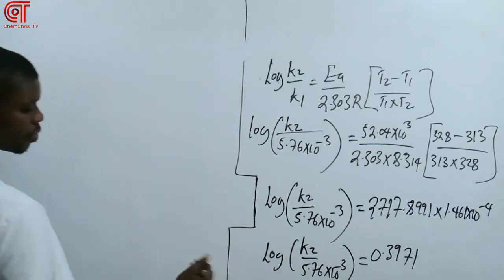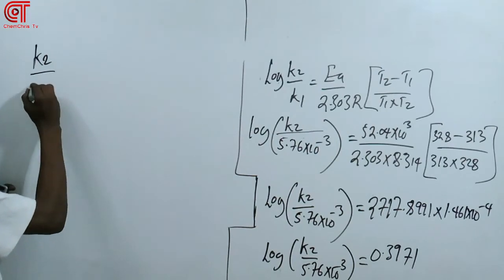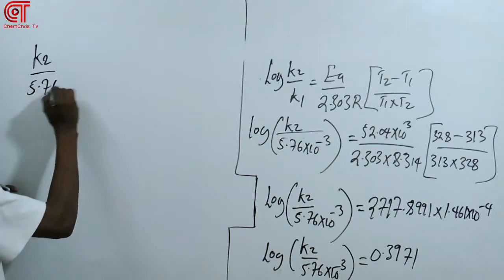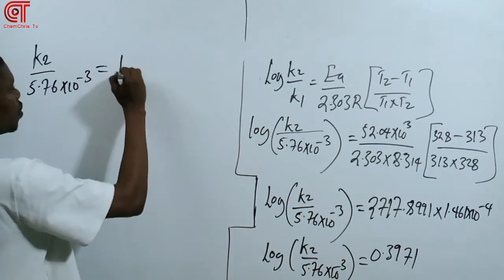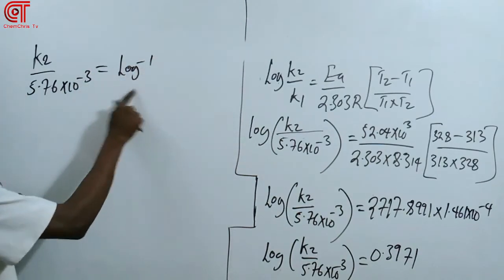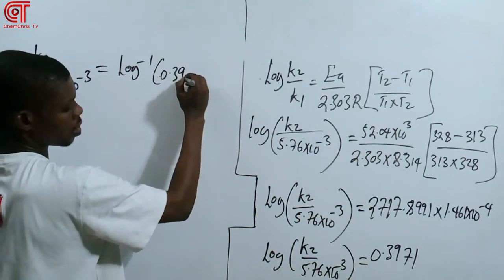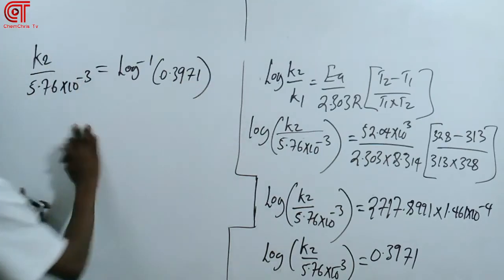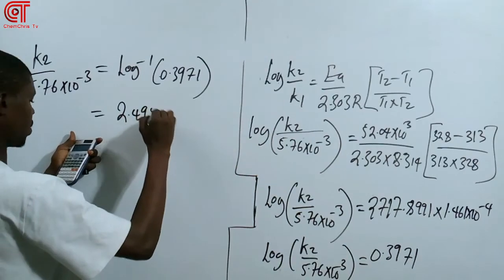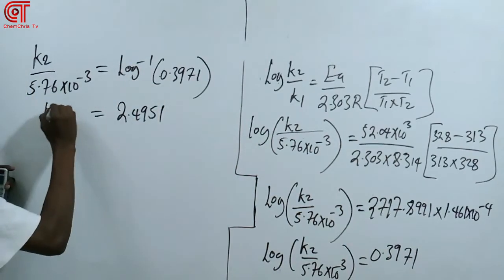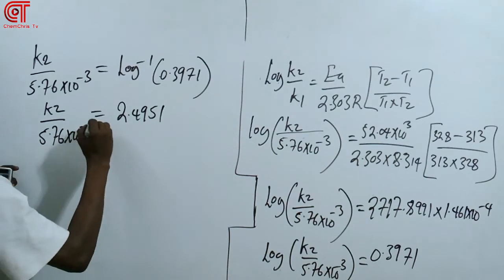So K2 over 5.76 times 10 to the power of minus 3 equals log inverse of 0.3971. Punch your calculator and you get 2.4951.